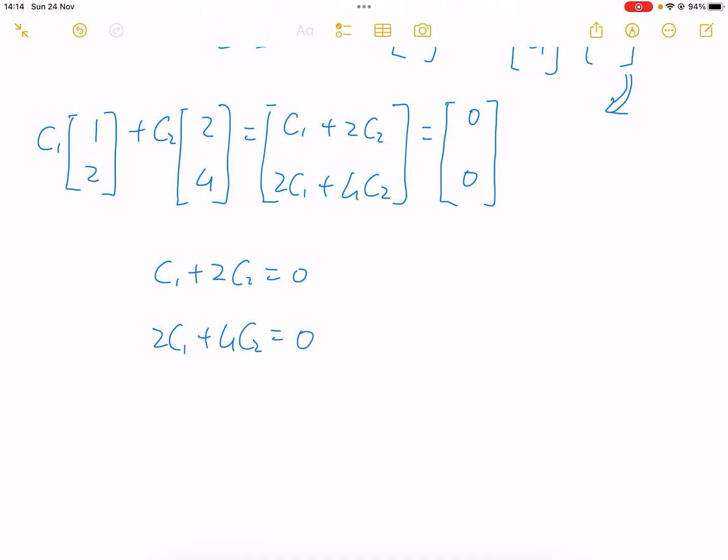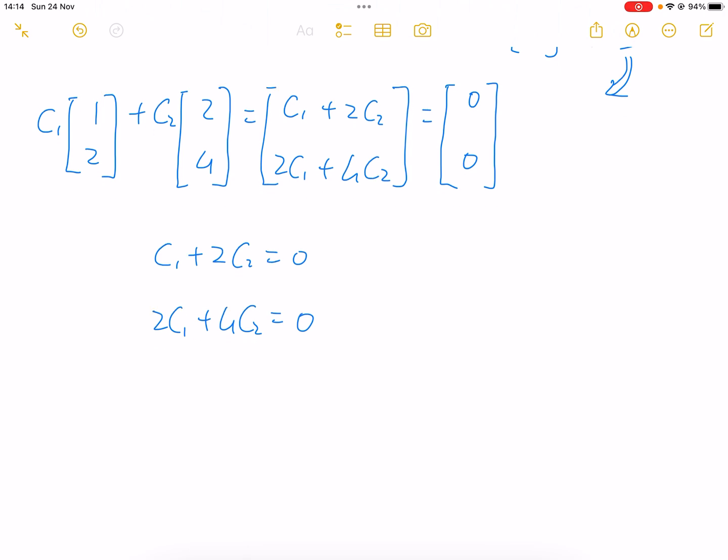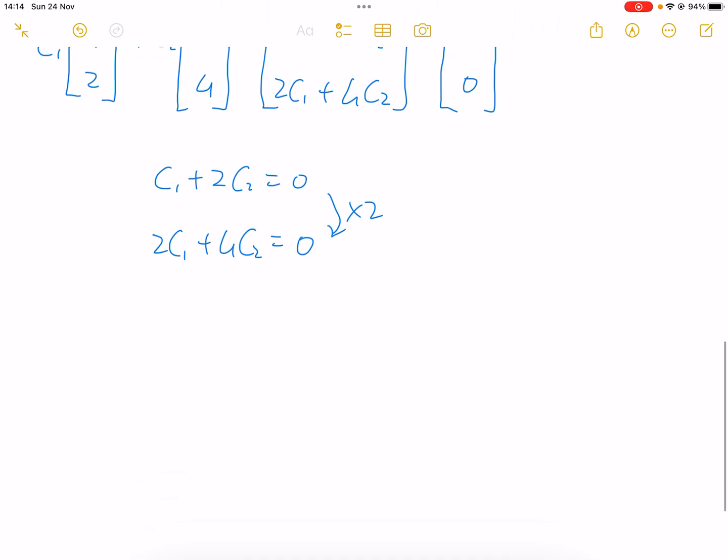Now, if you notice, the second equation is just double the first. So we only need to solve one equation, which is C1 plus 2C2 equals 0.